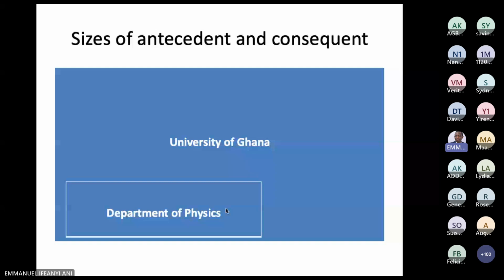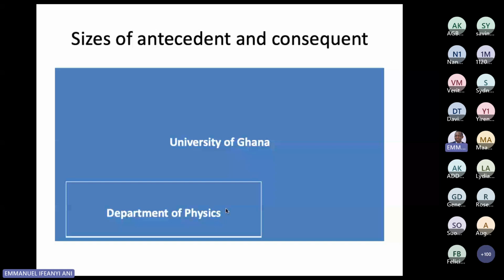Those at the registry conduct an audit and see that he's not in physics, he's not in chemistry, and he's not even at the University of Ghana. So the registry announces that Kelvin is not enrolled at the University of Ghana. What happens to the argument about whether he's in physics or chemistry? The argument disappears. Once you can prove that Kelvin is not at the University of Ghana, then he cannot be in the Department of Physics, and he cannot be in the Department of Chemistry.